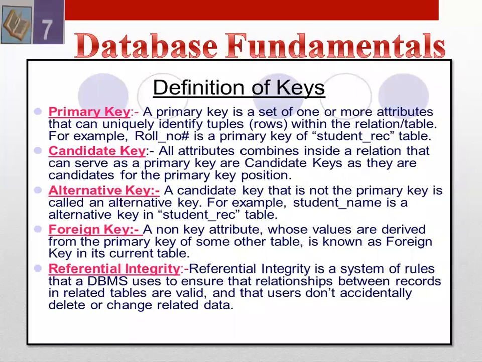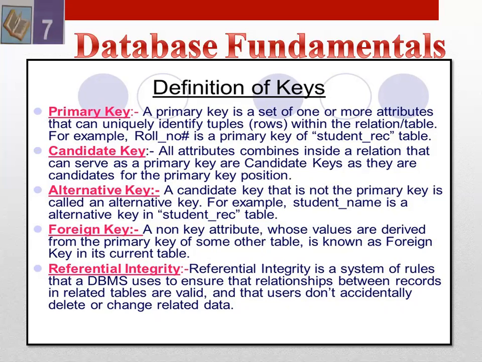In the last, we have a summary of all these keys. Primary key: a set of one or more attributes that can uniquely identify tuples (rows) within the relation (table). For example, roll number is a primary key of the students record table. Candidate key: all attributes combined inside a relation that can serve as a primary key are candidate keys, as they are candidates for the primary key position.